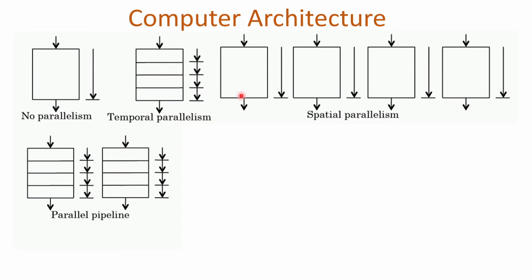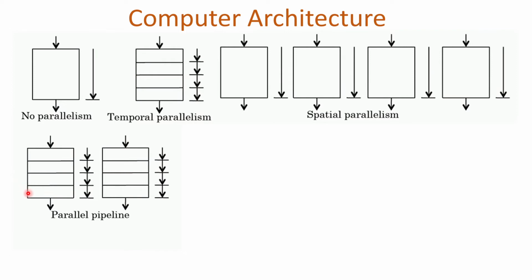In a parallel pipeline, we replicate the hardware more than once, and in each hardware we keep a temporal parallelism. I hope from this diagram you can easily understand that we have replicated the same hardware twice, but each hardware has a temporal parallelism.